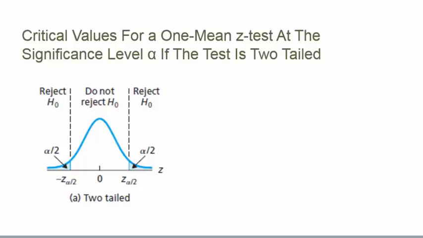For a two-tailed test, we would take our value for alpha, divide it in half, and that would give us the area to the left of our lower z-score and to the right of our higher z-score. Our do not reject region would be between the two z-scores.